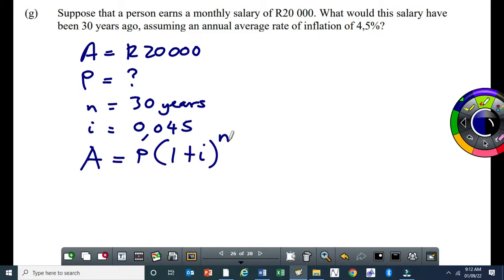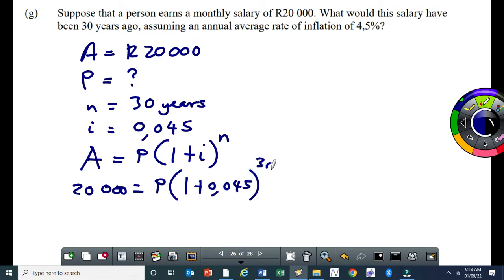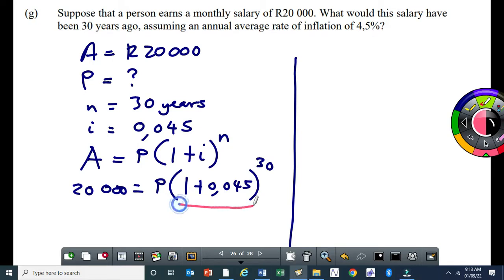So we substitute: 20,000 is equal to P times (1 plus 0.045) raised to the power of 30. Now we want to calculate P. Obviously, this exponential term is one number, so to calculate P we have to divide both sides by the exponential term.